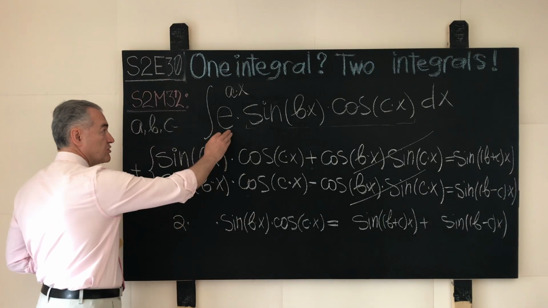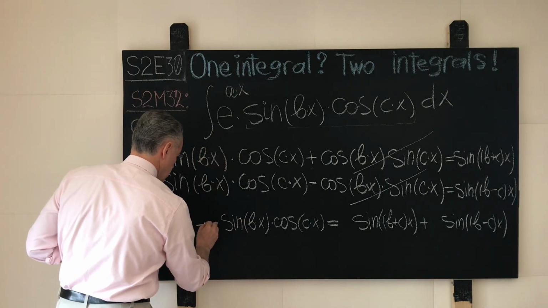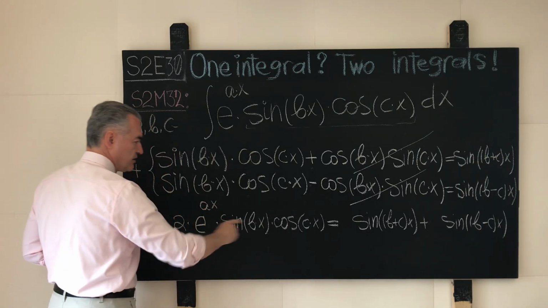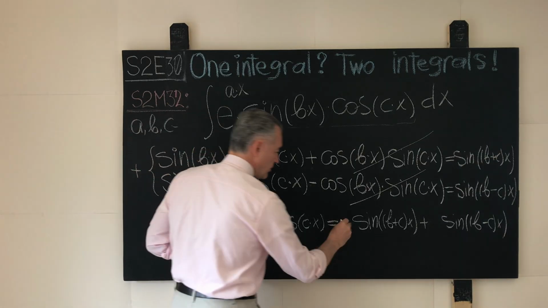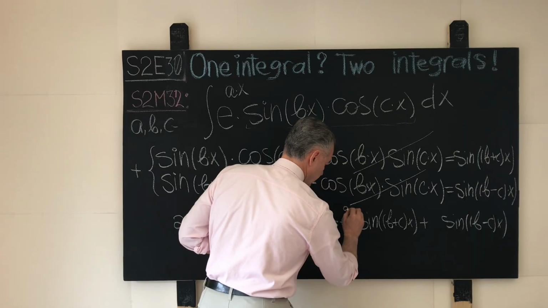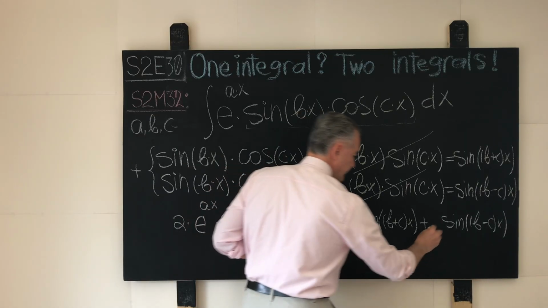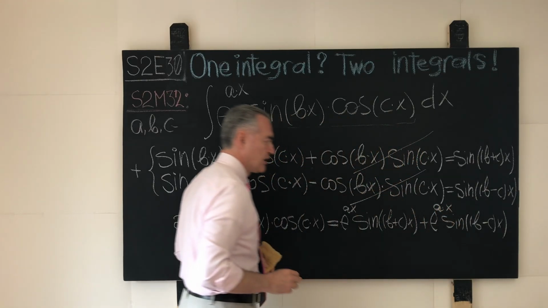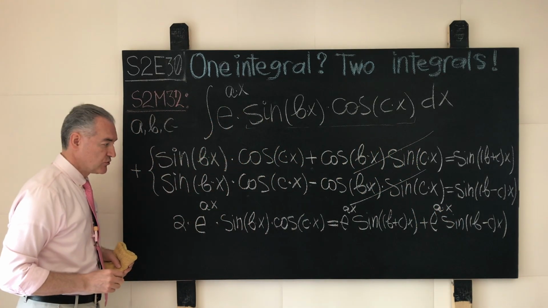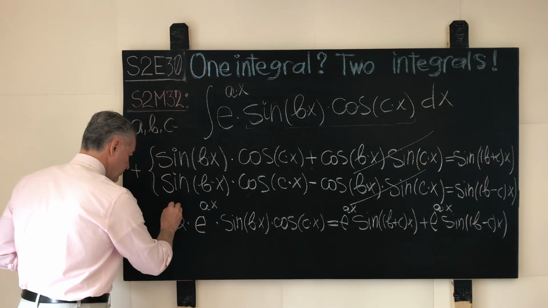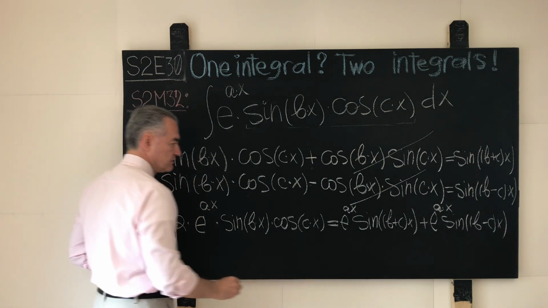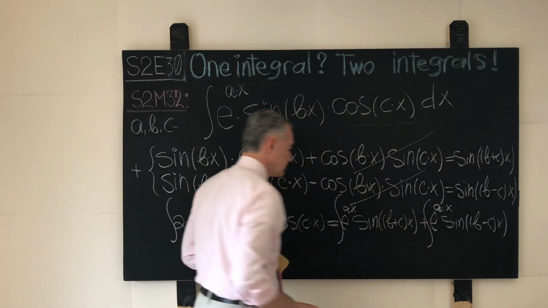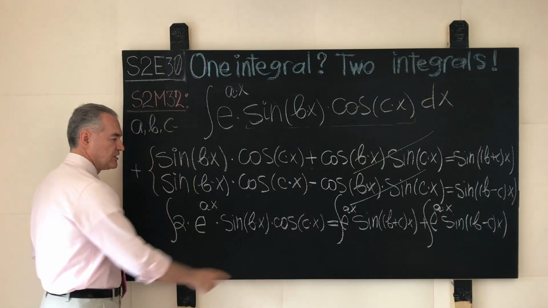Well, now we introduce our exponential function. We multiply this relation through by one and the same exponent, e to the power a times x. So far, so good. Now we integrate both sides. Integral, integral, integral. We also see dx.